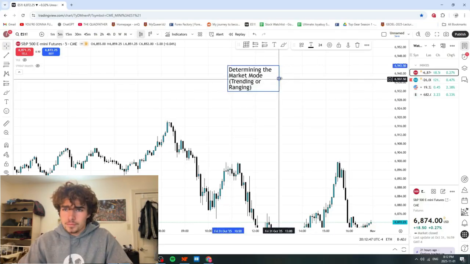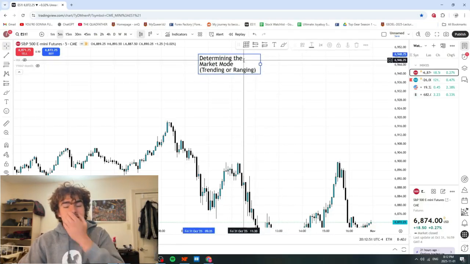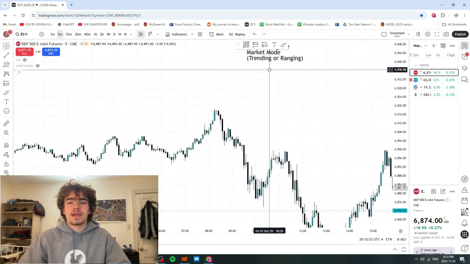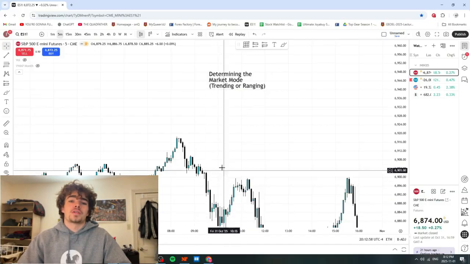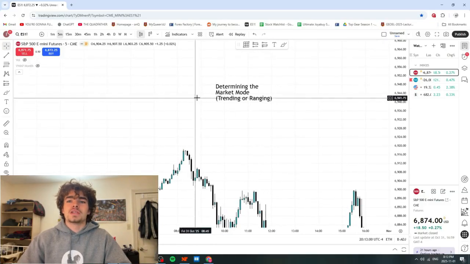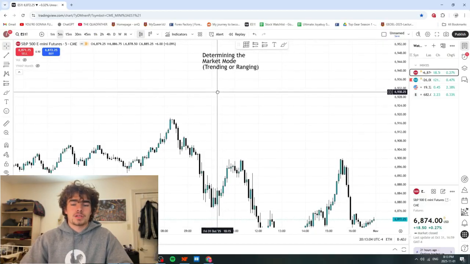And this is integral to knowing when to enter trades and when to not enter trades, and how to use volume levels on Bookmap. You need to be able to identify whether the market is trending or ranging.